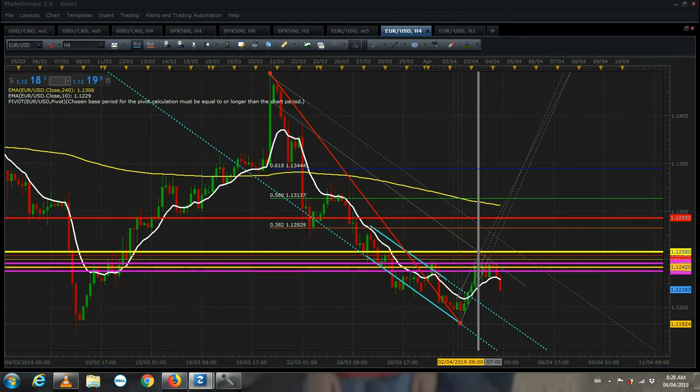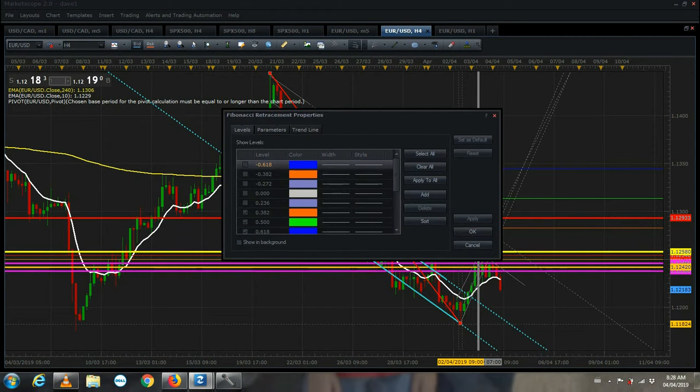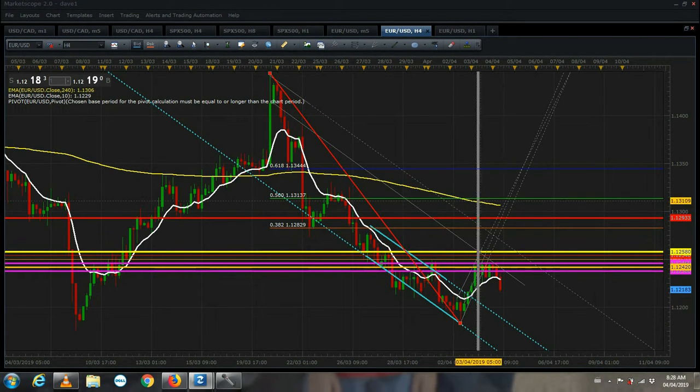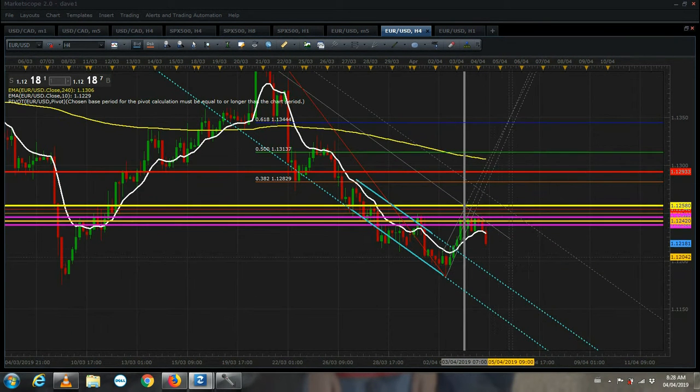So the fib numbers are with the current highs and lows. The 50% fib is just somewhere below the 240-day moving average. So although this isn't in a downtrend, I can predict that this price will come back to this 240.